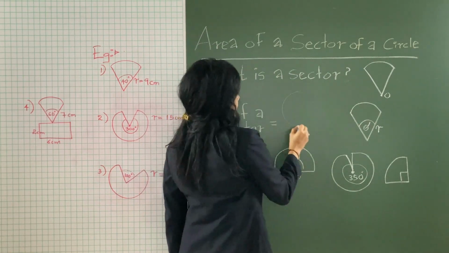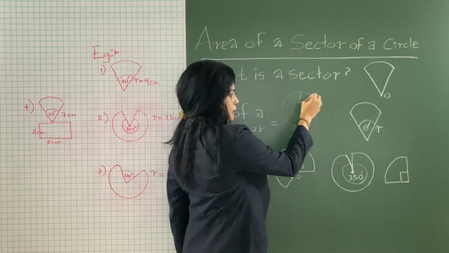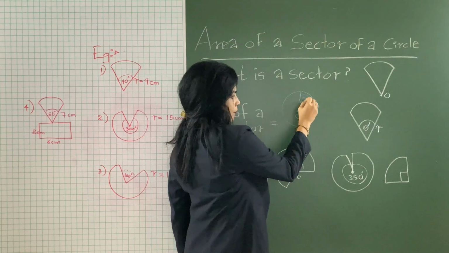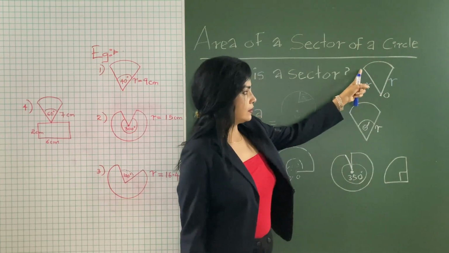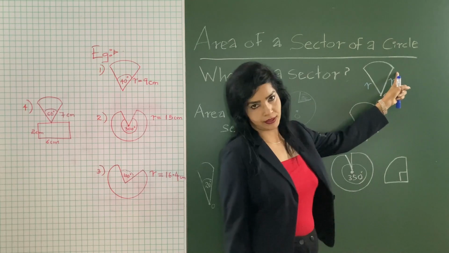Okay, I'll draw a circle, and then I take a part of a circle. This is the origin. Is this a sector? A sector is surrounded by 2 radii and part of a circumference.